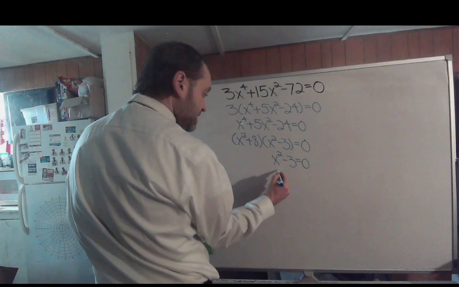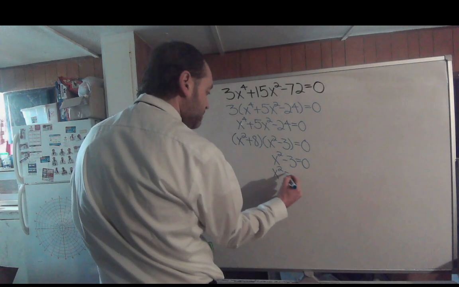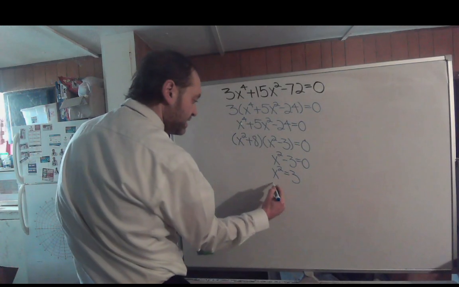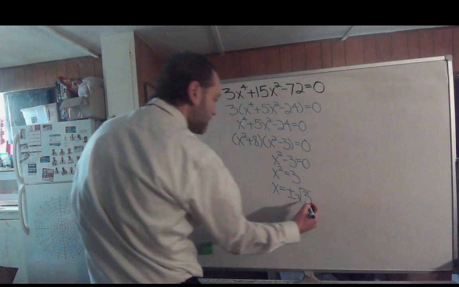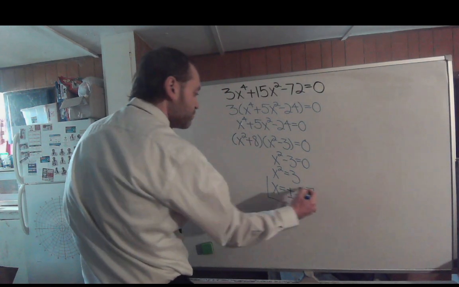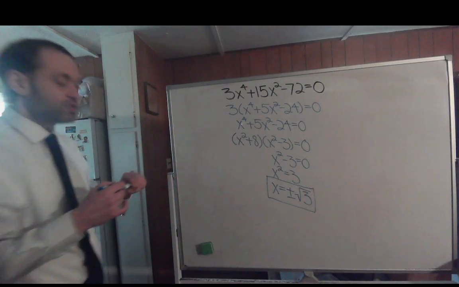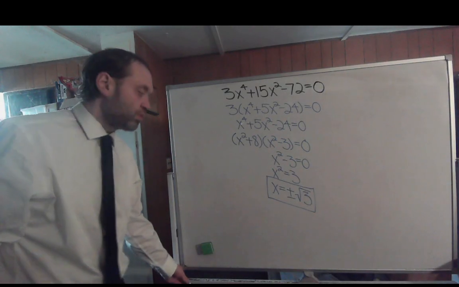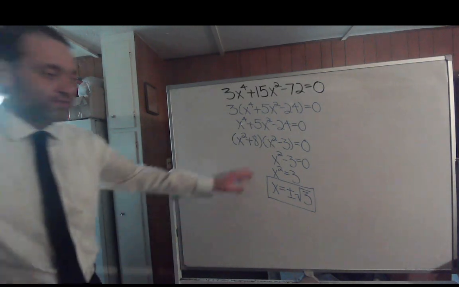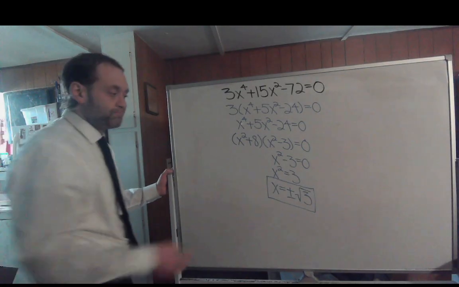That gives you x squared equals 3, which means x equals both plus and minus the square root of 3. So those are your two real solutions: x equals plus and minus the square root of 3. For today's lesson, we're not dealing with the imaginaries. Just focus on the reals today.